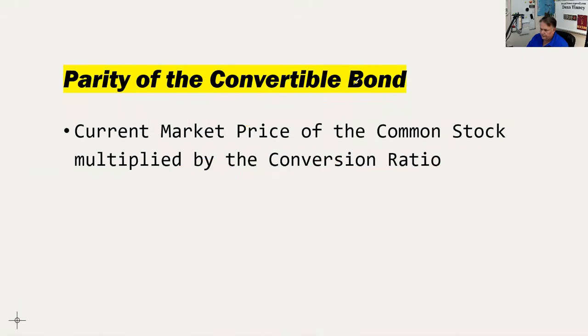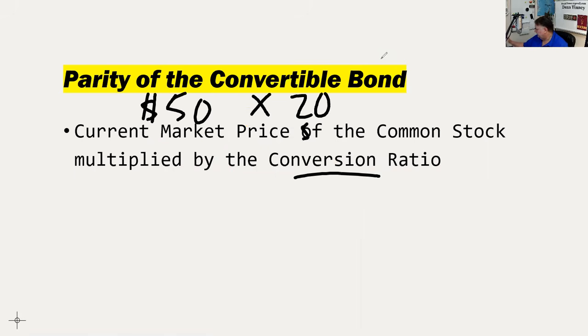So just by way of review, parity of the convertible: we take the current market price of the stock, times the conversion ratio. So we had current market price of the stock was 50. We times it by the conversion ratio, which was 25 shares, I think is what that was.